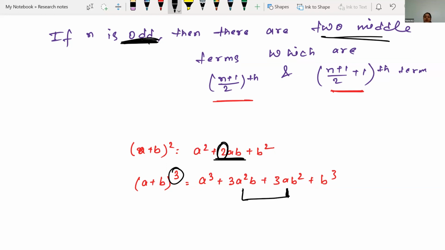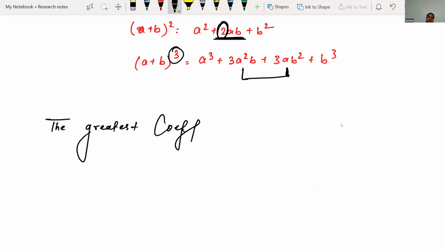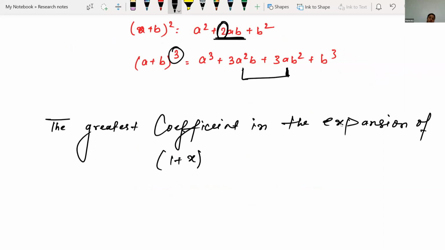Now when we have a question like this, when the question says the greatest coefficient in the expansion of 1 plus x to the power 2n is, here we can say since 2n is an even number, the power is even.